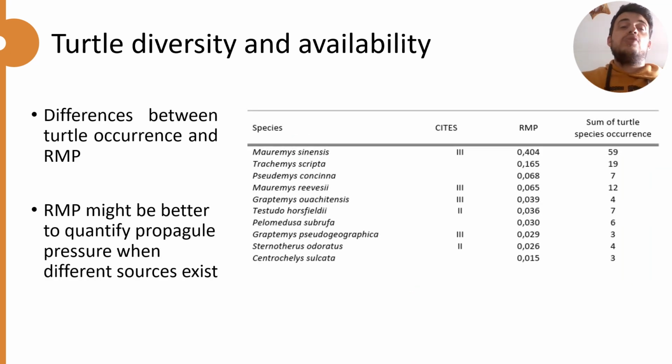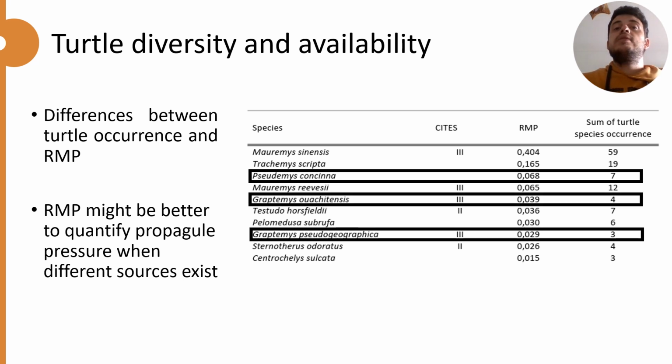After that, we calculated the relative market pressure for all these species, and we found that there are some differences between the occurrences in the trade and the relative market pressure. Here for the top 10 traded species, there is a difference between the relative market pressure and the occurrences for these three species.